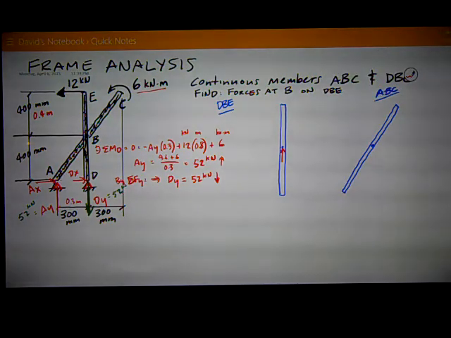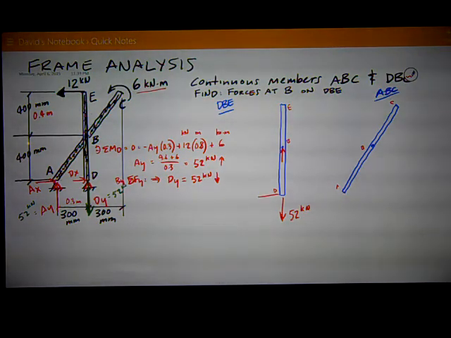This is really D, I'm sorry. This is point D, this is B, E, and this is A, ABC. Anyway, at point D, I have the opposite direction of that, 52 kilonewtons down.